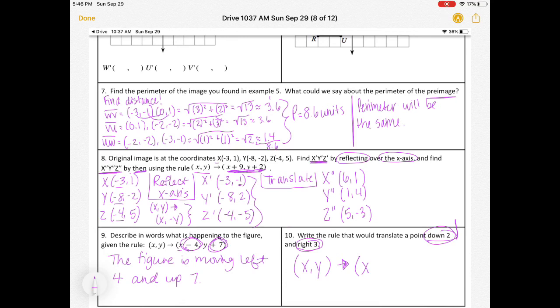Which one would go with the x? So you should have thought the right 3 part. This one's y. All right, so right 3, right is positive on the graph, so plus 3. And then for my y values, it says down 2, down is negative, so negative 2. And that's that.